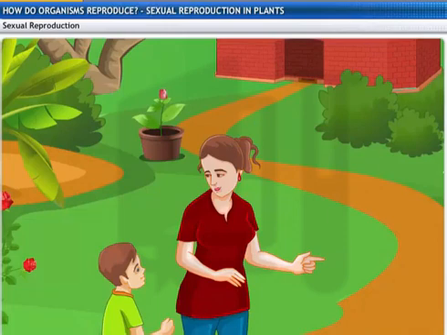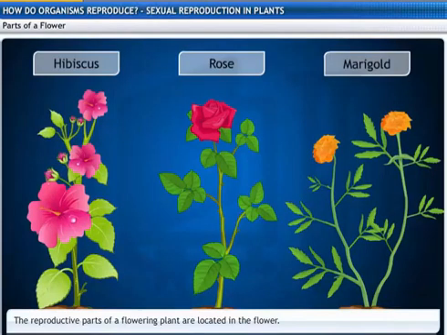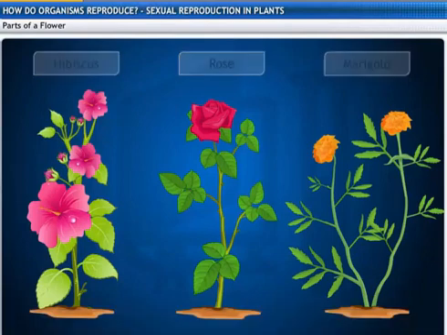Now, let's look at how the mixing of the gene pool occurs in flowering plants or angiosperms. In flowering plants, the reproductive parts are located in the flower.